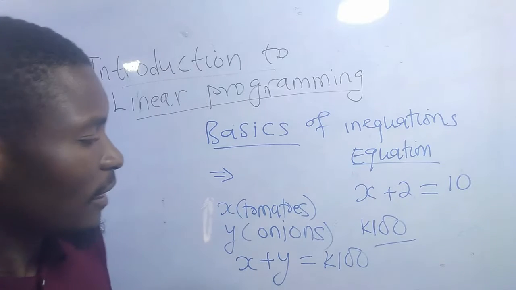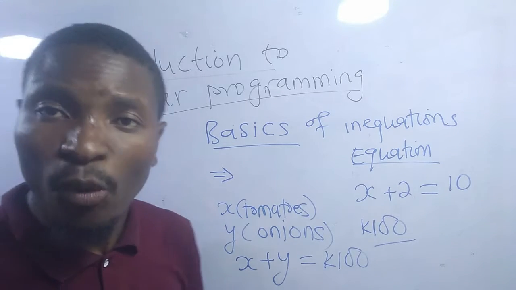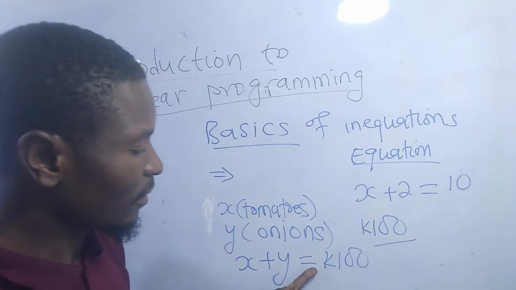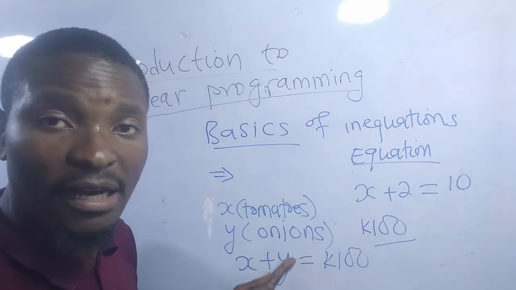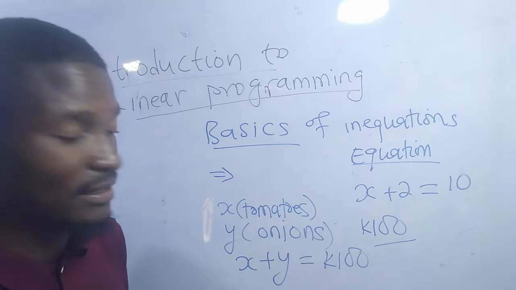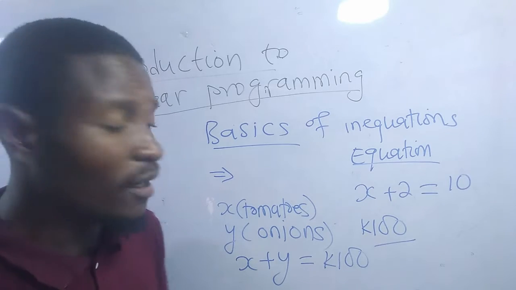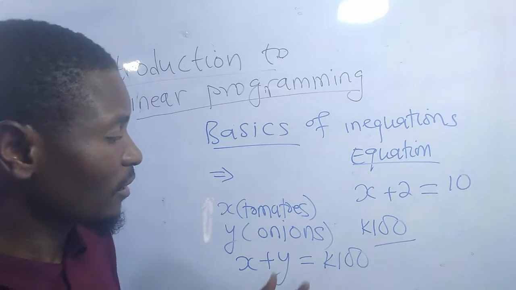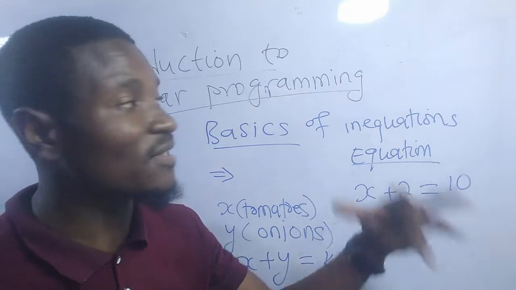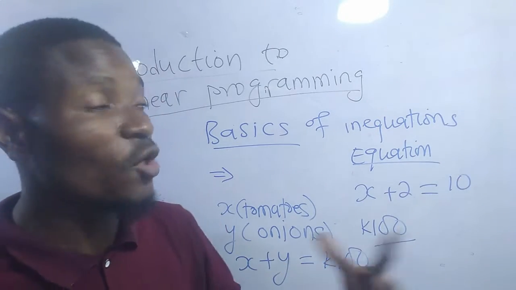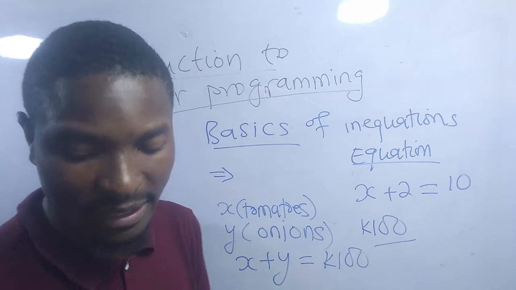okay? Now, I want you to understand that this equal sign should not be the normal traditional equal sign. This one should only be an inequation, okay? The symbols that represent inequations or inequalities.